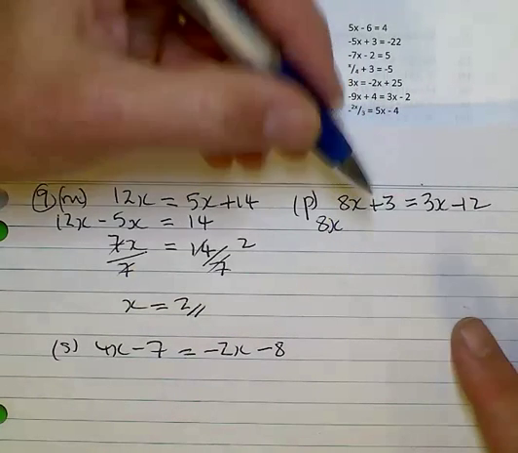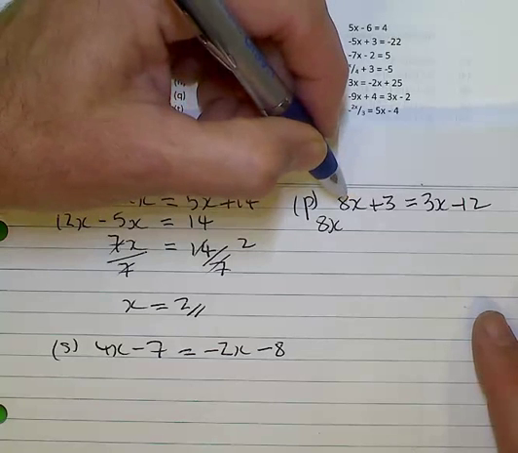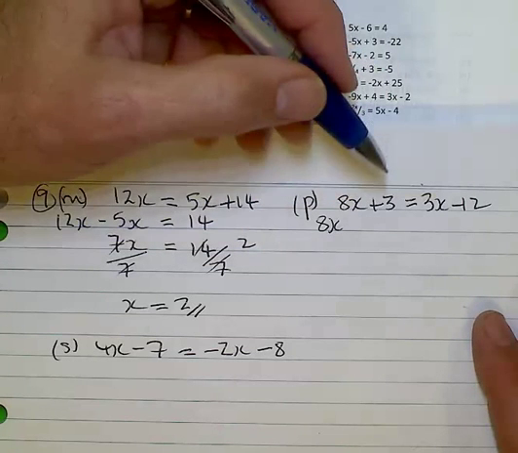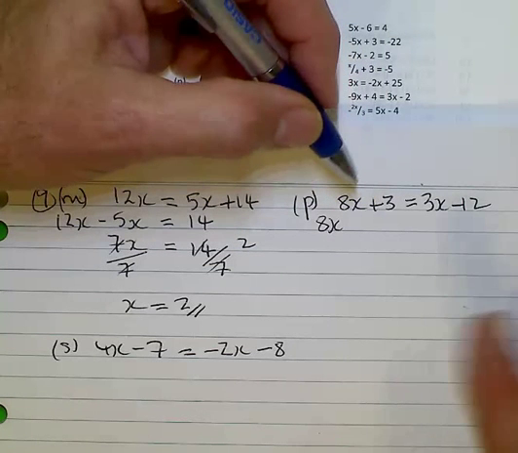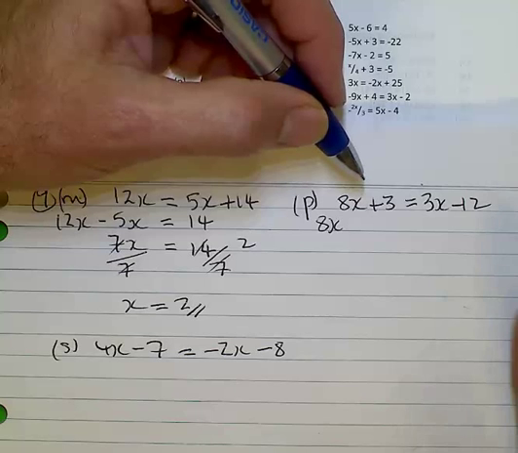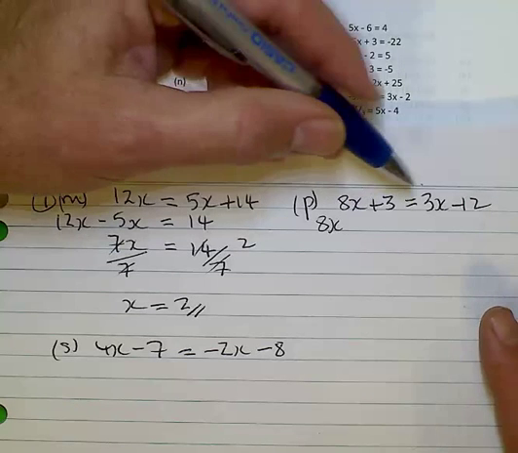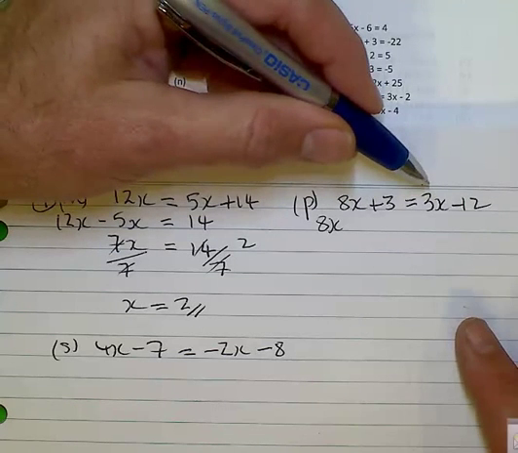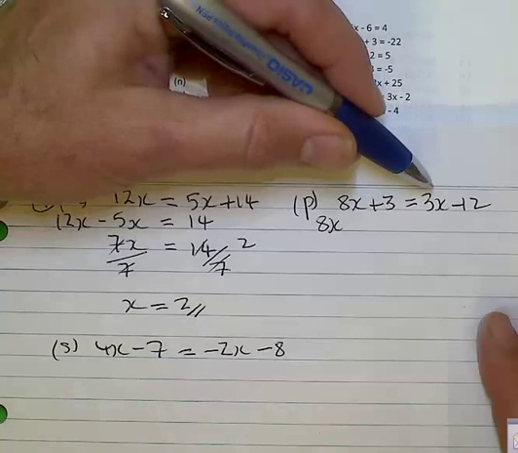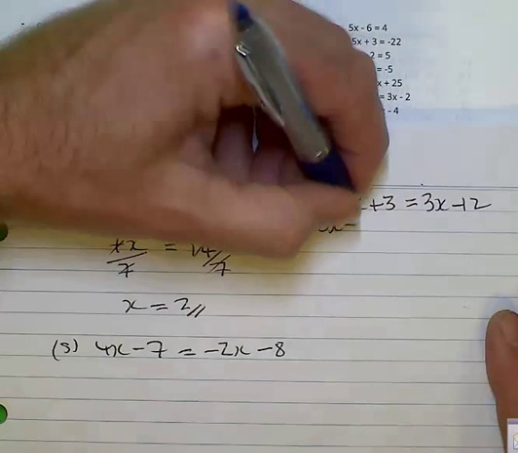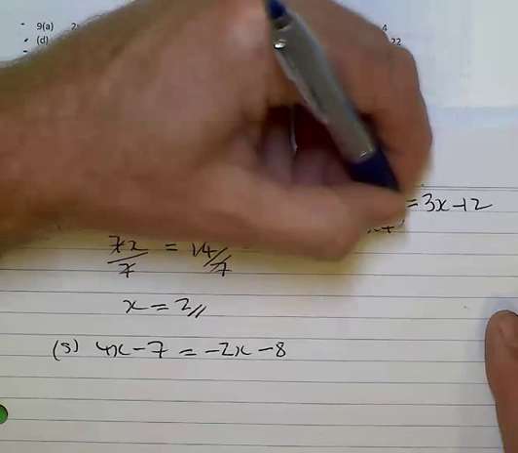In P, I've got a left-hand side with 8x and a right-hand side with 3x. Now, I just want to have one side with x's. What you do in these instances is to remove the x's where there are fewer of them. So I'm going to take 3x from both sides.